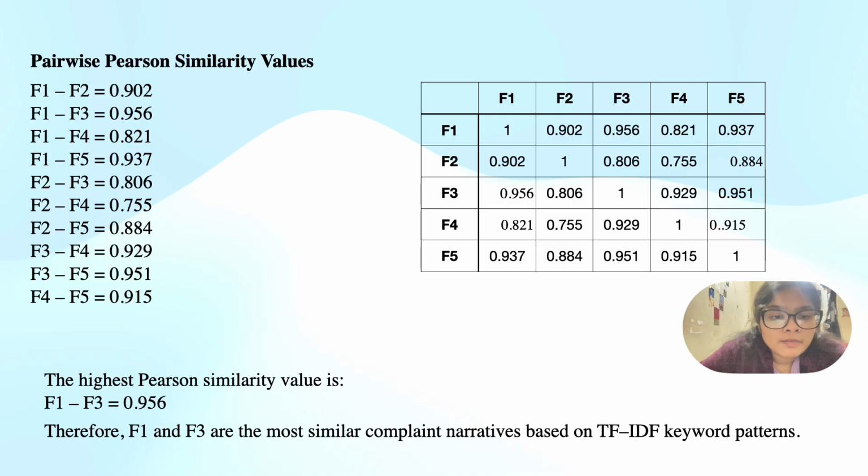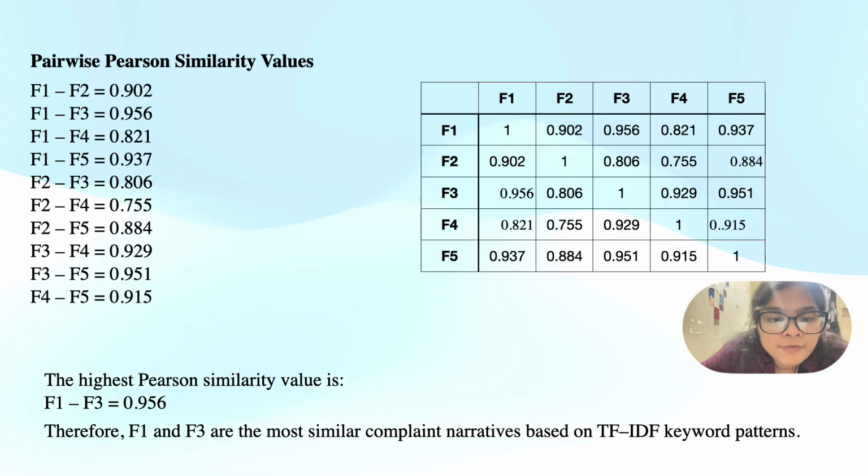And then you can see that while calculating the similarity value for F1 and F1, we get 1. That is, F1 and F1 are similar. If it is 1, then they are very similar, or you can say identical. Here you can also see we have 1 on the diagonal, because F2 is obviously similar to F2, F3 is similar to F3, F4 is most similar to itself, F5 is most similar to itself.